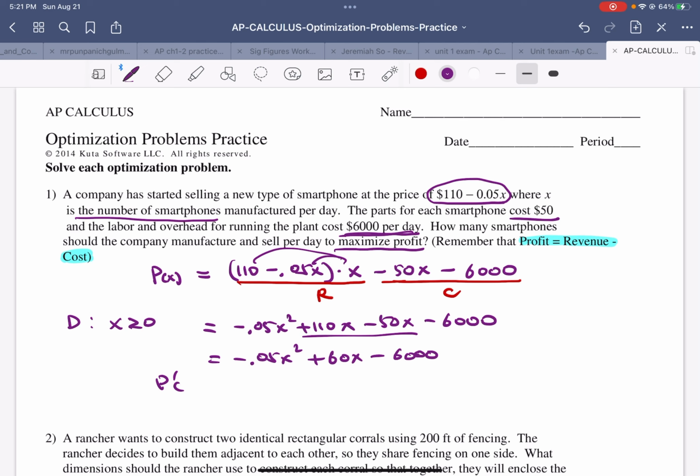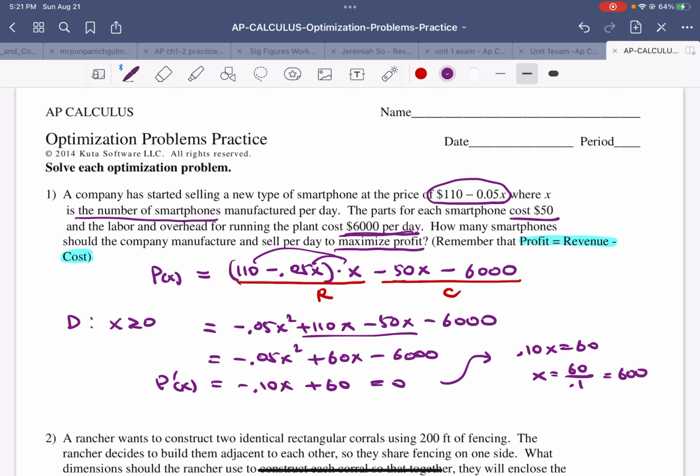So let's go ahead and take a derivative. Then you get negative 0.10x plus 60, and then set equal to 0, and then you need to solve for x to find that critical value. So 0.10x equals 60, so x is 60 divided by 0.1, which is 600. So 600 units you need to make in order to make a maximum.